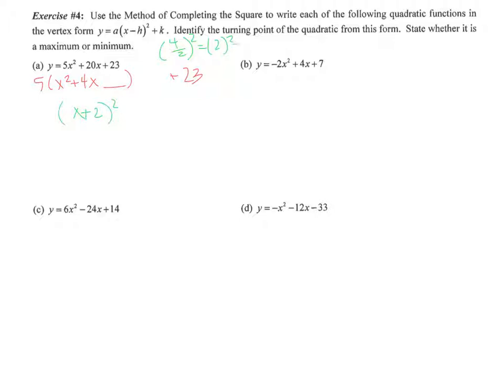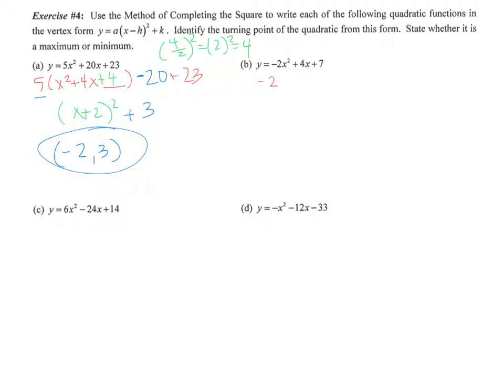But 2 squared is 4. I still have to take that 4 and multiply it by the 5, and we're subtracting 20. So plus 3, so my turning point is (-2, 3).